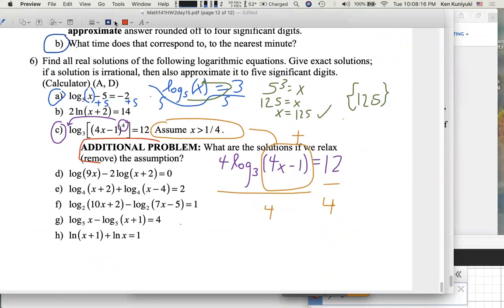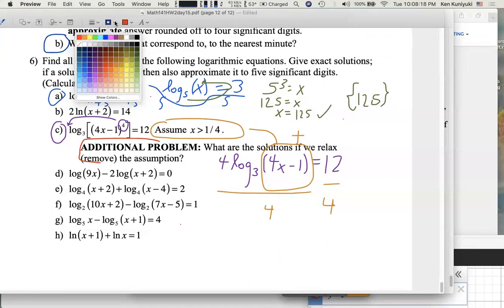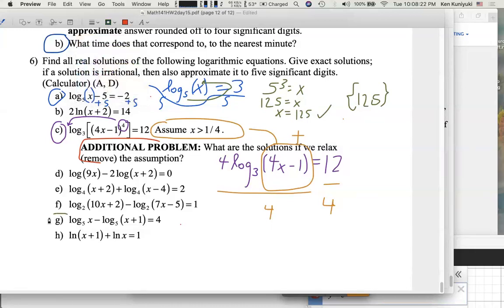Okay, so I'm going to do this in green. Green's good now. All right, 356G. Here's the key. We have a difference of logs.